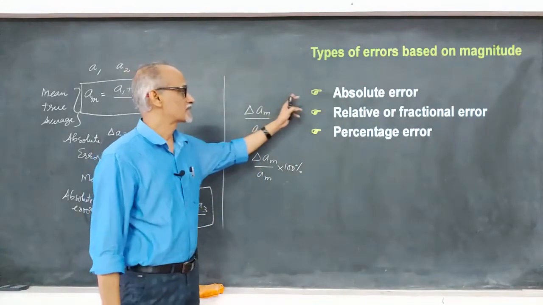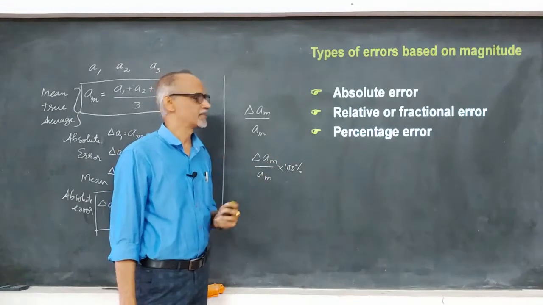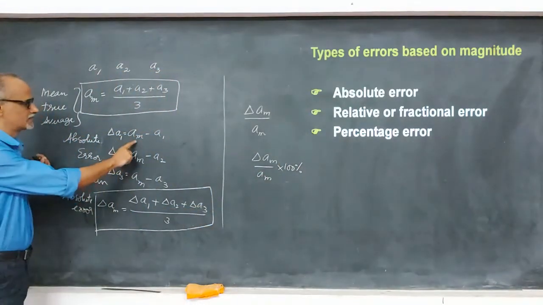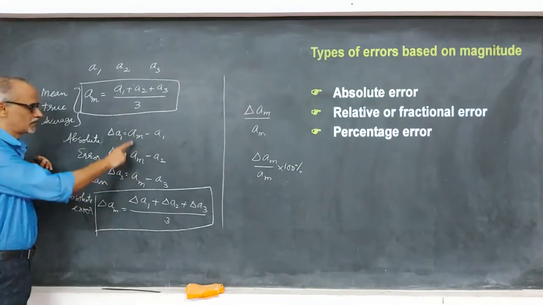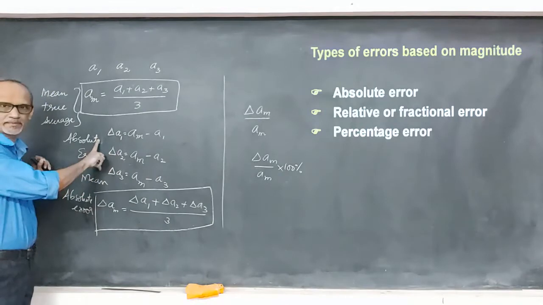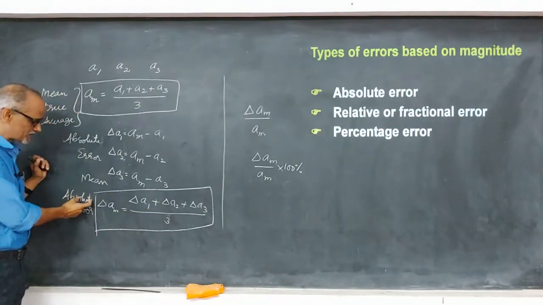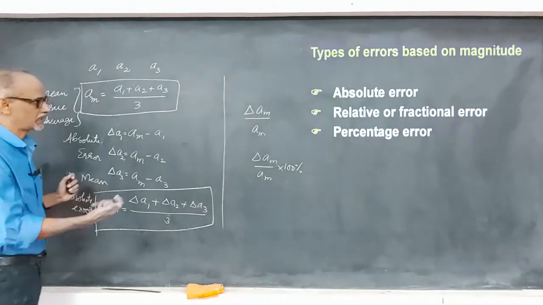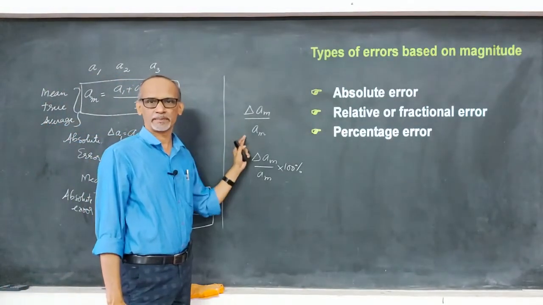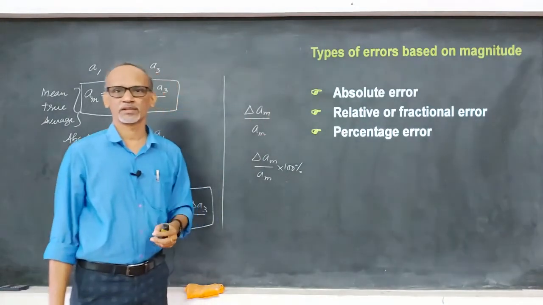Which are they? Absolute error, relative or fractional error, and the third one is percentage error. How do we measure the absolute error? The difference between the true value or the mean value and the individual measured value is called the absolute error. And the average of that will give you the mean absolute error. The ratio of the mean absolute error to the mean value is called the relative error or fractional error.